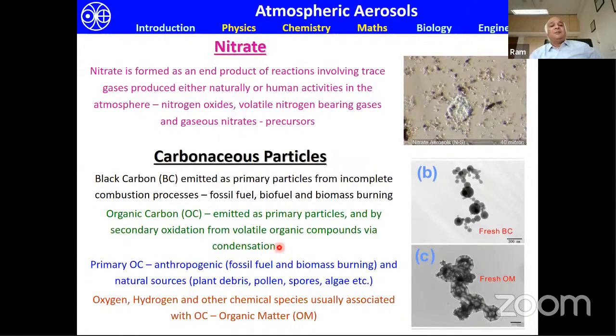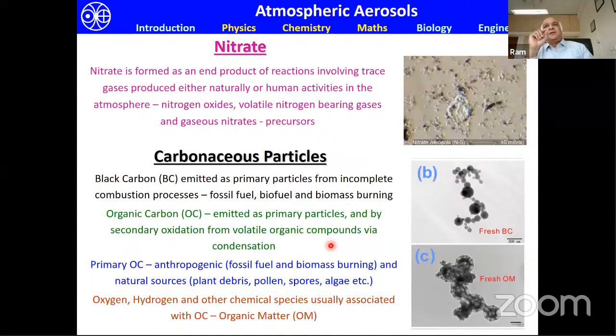Now, the primary organic carbon comes from anthropogenic sources, namely fossil fuel and biomass, and also from natural sources, namely plant debris, pollen, spores, algae, etc. Typically, oxygen, hydrogen and other chemical species are associated with the organic carbon present in the Earth's atmosphere, and in toto we call them organic matter.